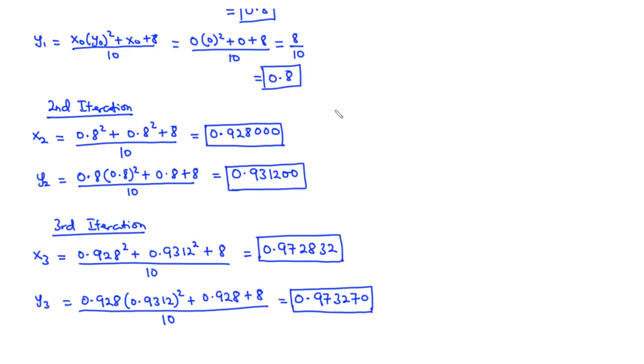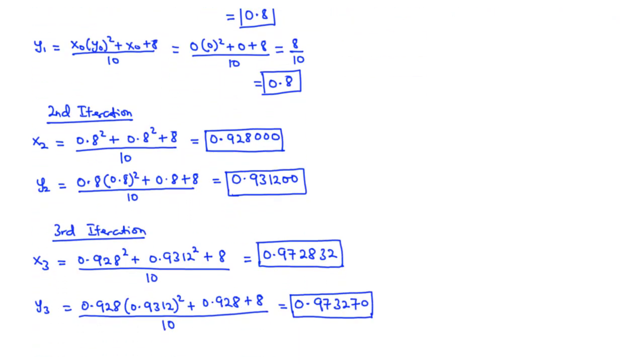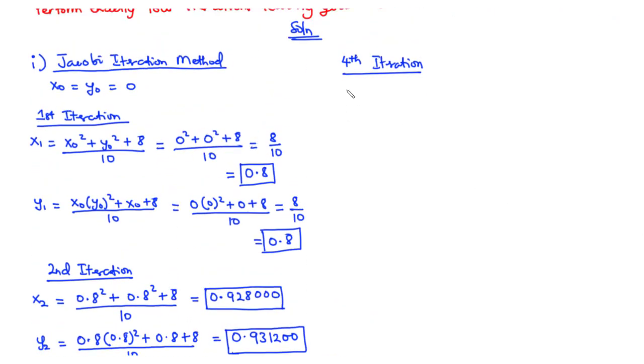Now let's move on to the fourth iteration step. So for the fourth iteration step, we are going to have x4, that is equal to x3 square plus y3 square plus 8.